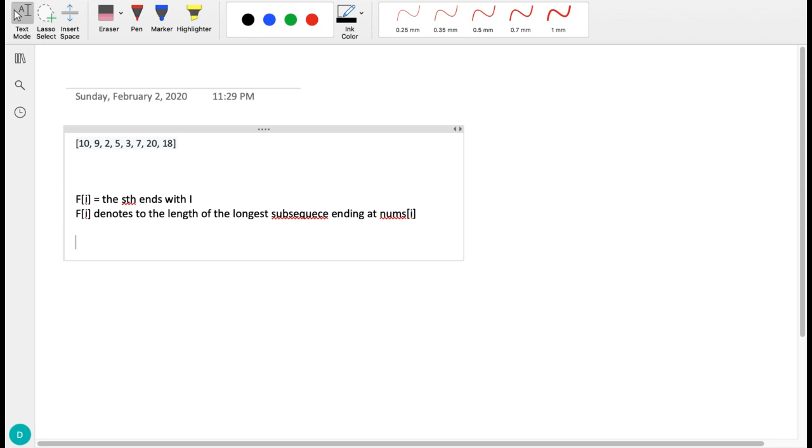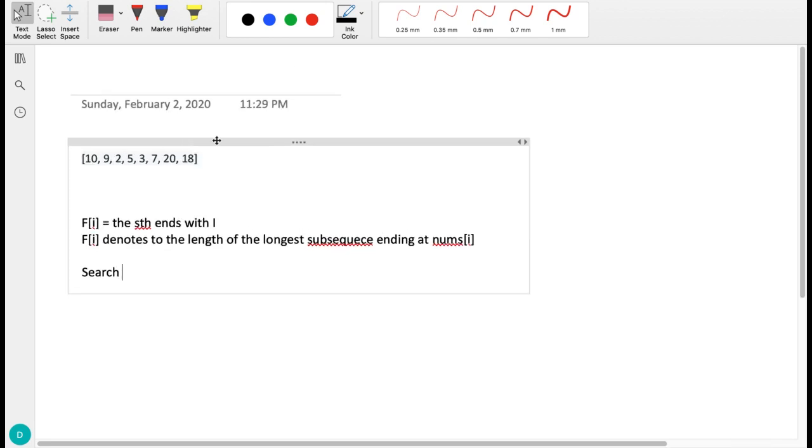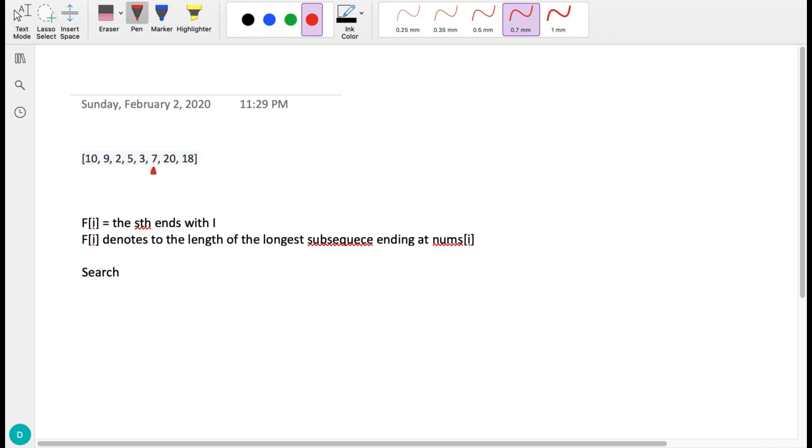Let's take this for example because it should be easier. Right here we have these numbers. For example, if i is here at 7, what is the possible longest subsequence length ending with 7?